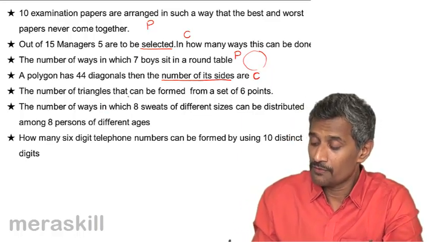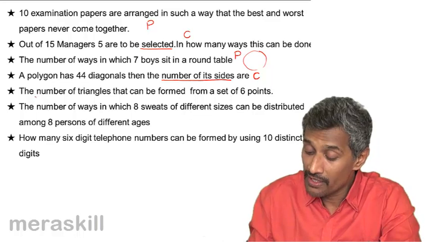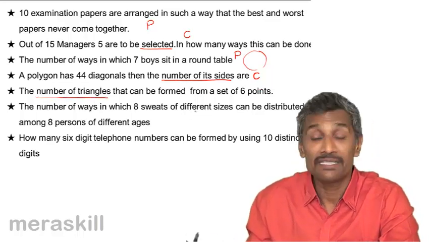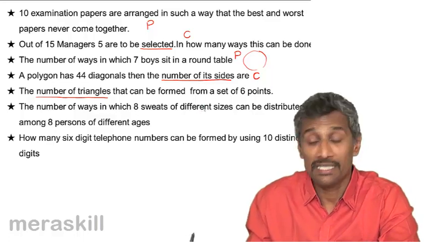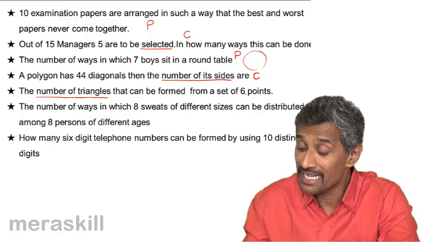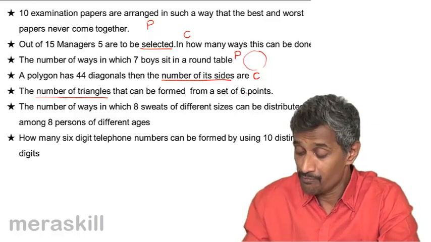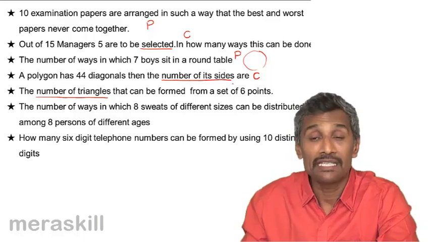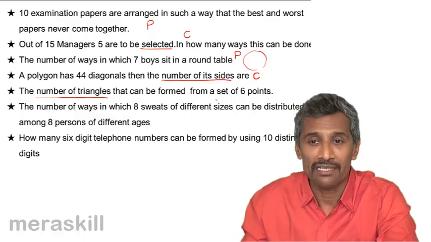Then again, the number of triangles that can be formed from a set of 6 points. It is understood that these are 6 non-collinear points. You may have triangle ABC or triangle ACB or triangle BAC.